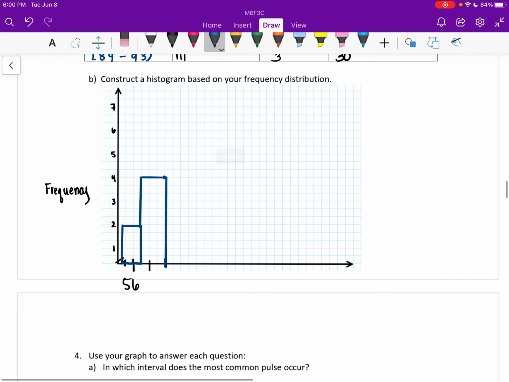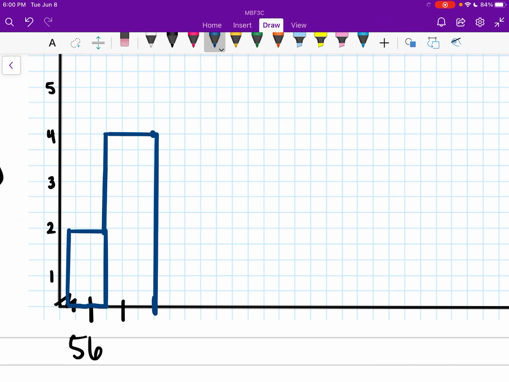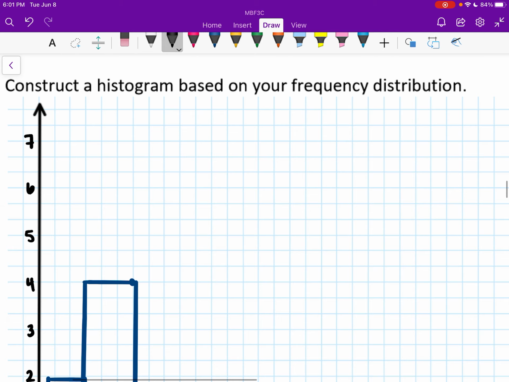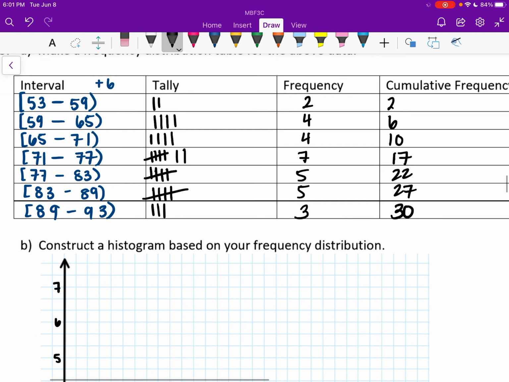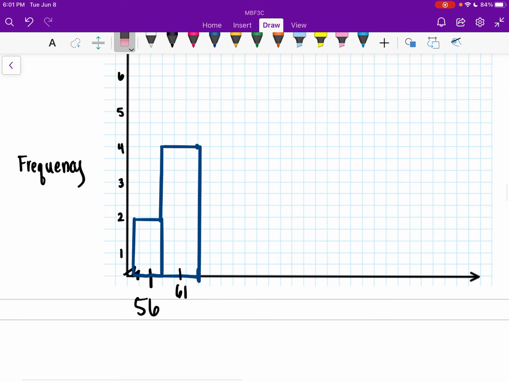Okay, now I'm going to count over again. You can always count by 5. I decided to pick 3, and just make sure that you put your number in the middle. So make sure you put your labels in as well. Here, my label in the middle is going to be 56 plus 5, which is what I went up by, 61. Actually, it should be plus 6 because we went up by 6.